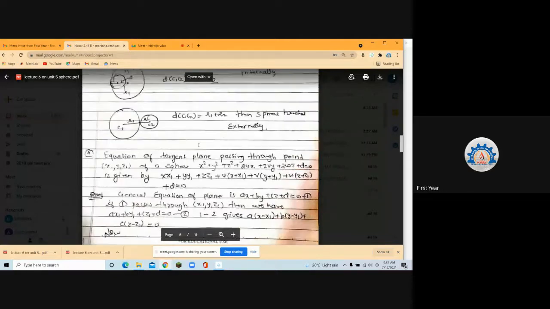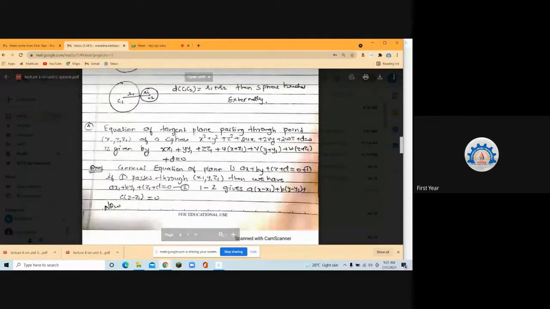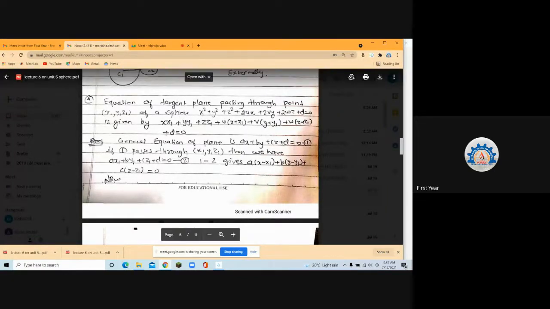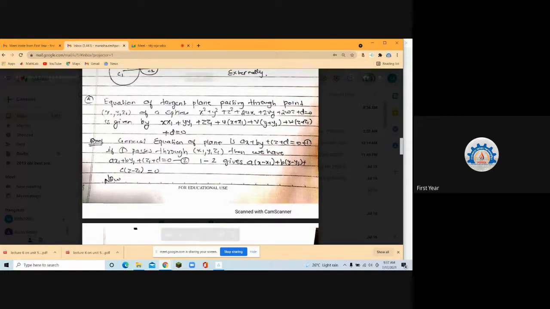Now I want to explain to you the equation of the tangent plane. Everybody knows the equation of a plane. What is the equation of any plane in 3D? ax plus by plus cz is equal to d. Correct.